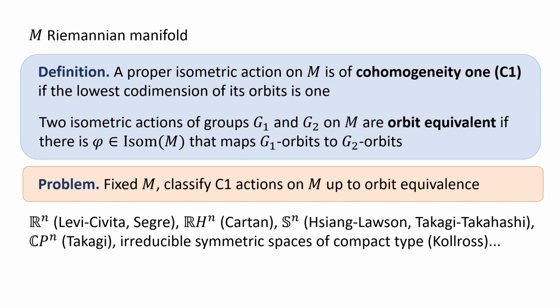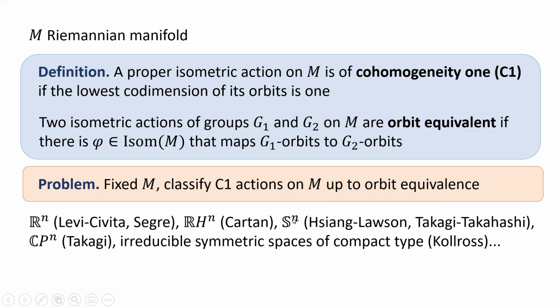This was in their study of the so-called isoparametric hypersurfaces, which are more general objects than homogeneous hypersurfaces. From their classifications in Euclidean and hyperbolic spaces, one can get the classification of cohomogeneity one actions up to orbit equivalence on these spaces.